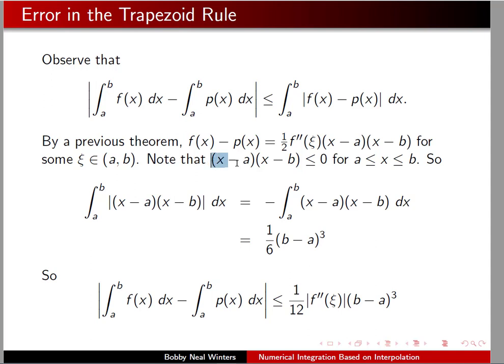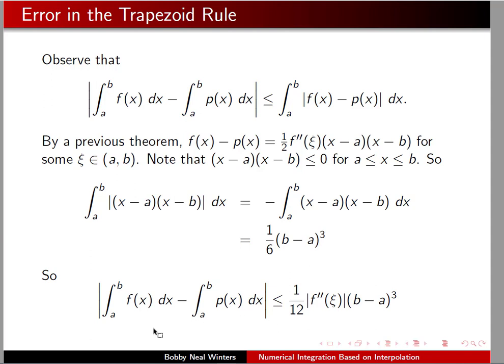And this product of x minus a, x minus b is going to be non-positive on the interval we're interested in. So when we integrate its absolute value, that's equal to the negative integral of this product, which is a quadratic function which we can integrate, which integrates exactly to this.